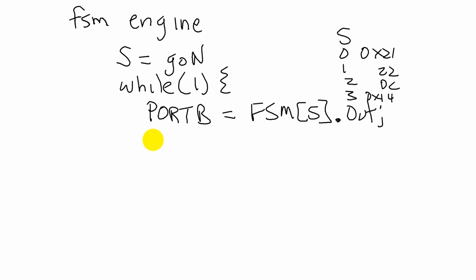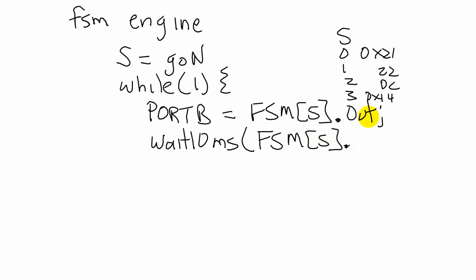Okay. The next thing I'm going to do is wait, okay, and I'm going to call my wait 10 millisecond routine, and I'm going to pass in the parameter for that state. So again, some of the states are going to wait 30 seconds, and some of the states are going to wait 5 seconds.